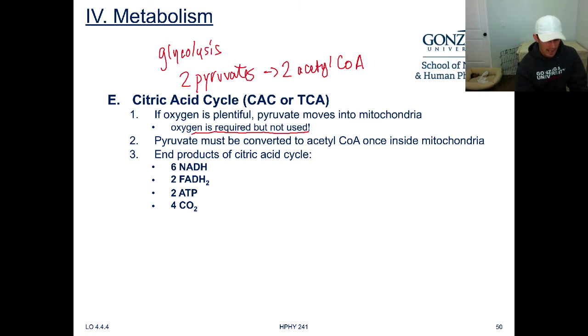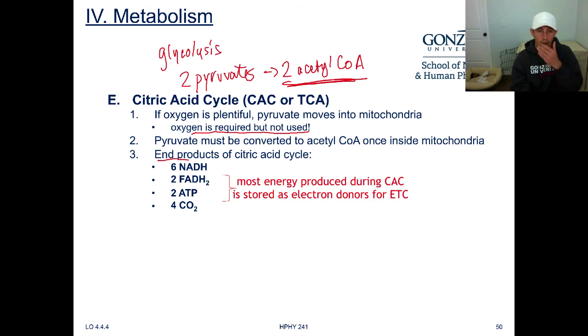And once both of those molecules move through the citric acid cycle, we end up with these products. We have 6 molecules of NADH. We have 2 molecules of something called FADH2, together. Sorry, these brackets are a little bit off. It should look like this.